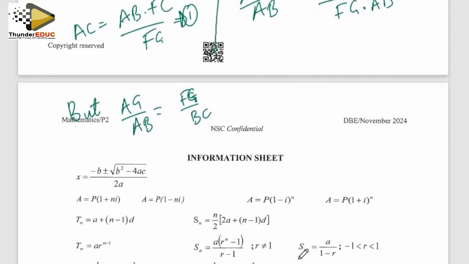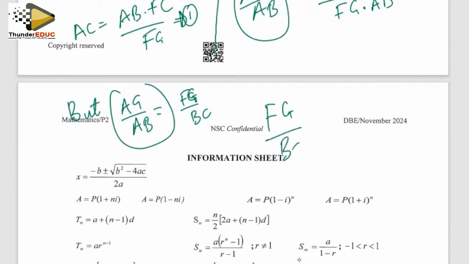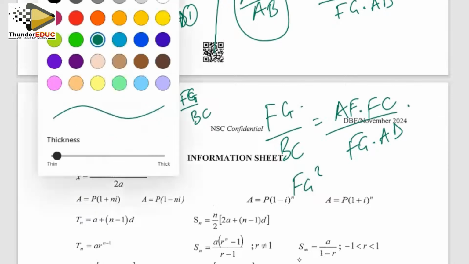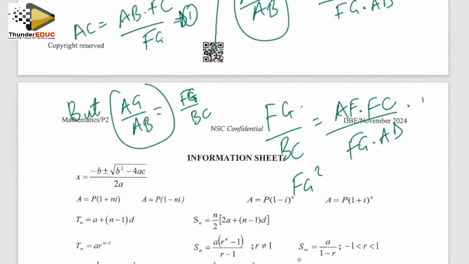So which means I'm going to replace this with that, so that I have FG over BC is equal to AF times FC over FG times AD. Then multiply this that side and multiply the other side. So I'll have my FG squared, because if I multiply by FG on either side, this cancels that.